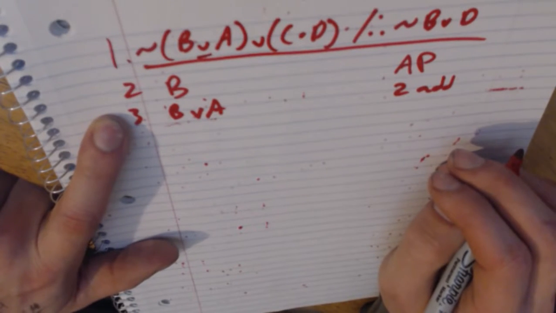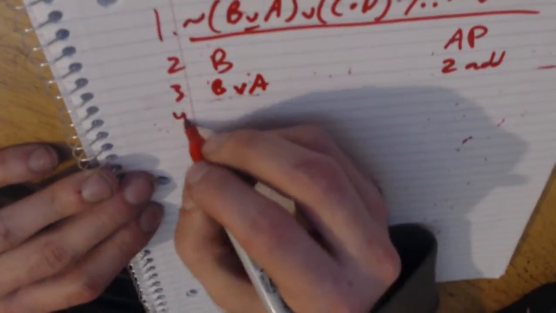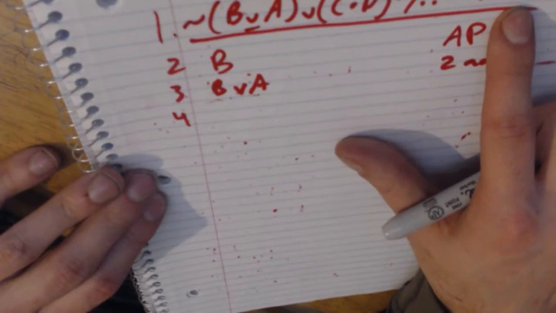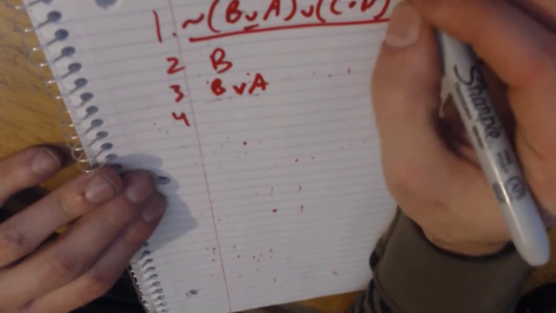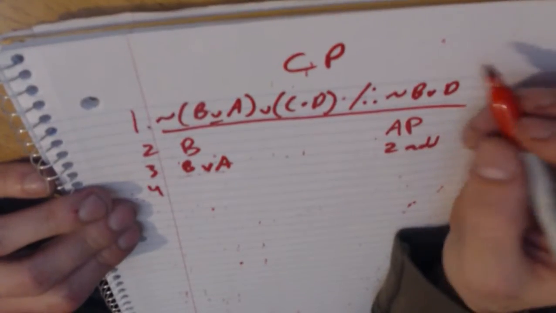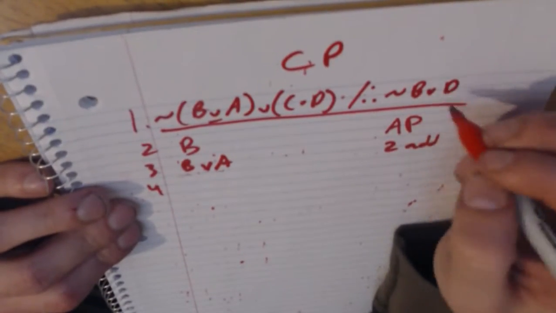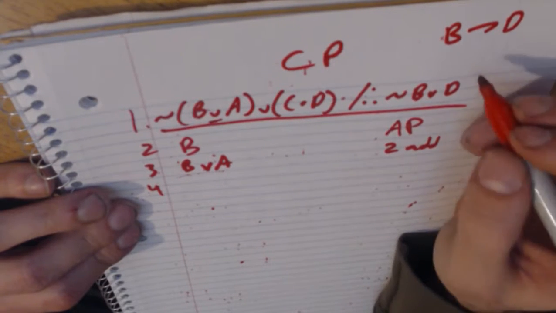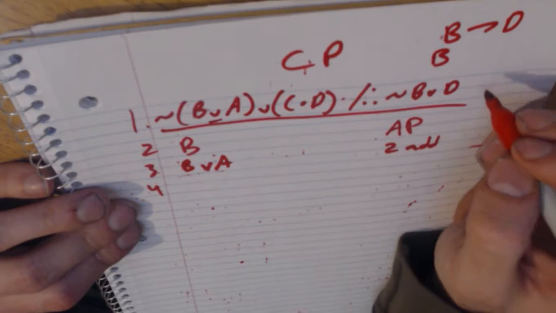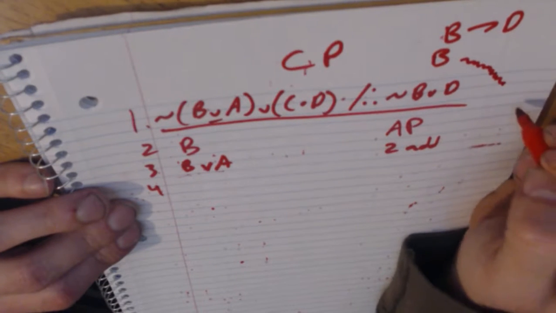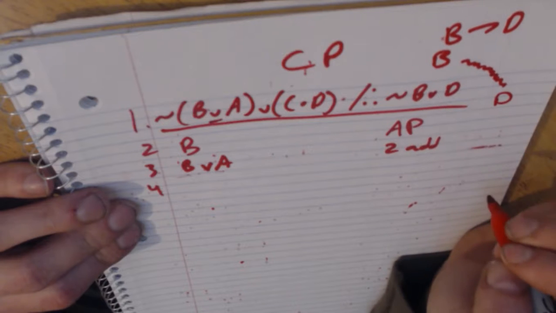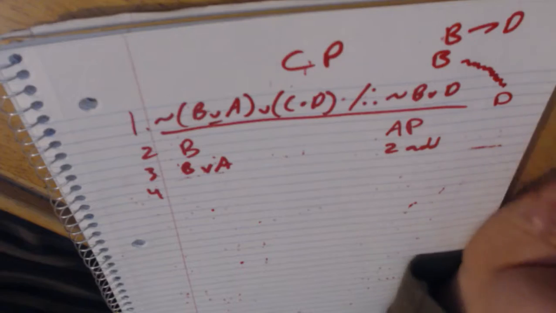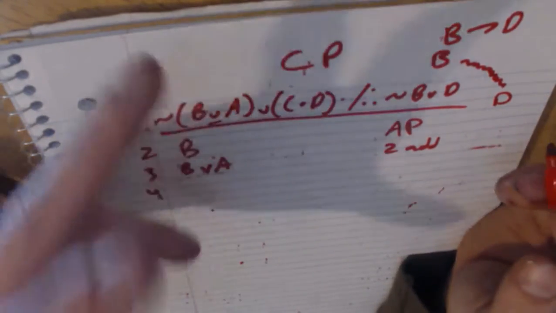Alright, now let's go ahead and put that in parentheses because we want to get this D, because remember we're using conditional proofs. So let's pretend this is B then D. If we assume B and we do a whole bunch of stuff and we get D as one of our things we spit out at the other end, then that's the whole idea of the conditional proof.